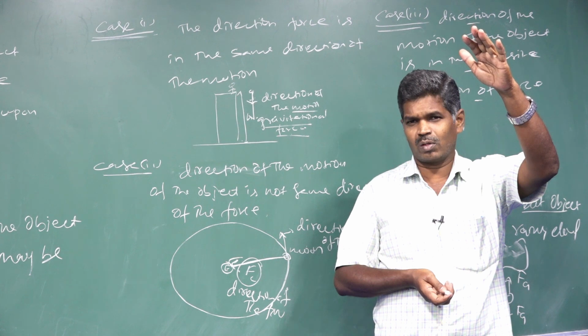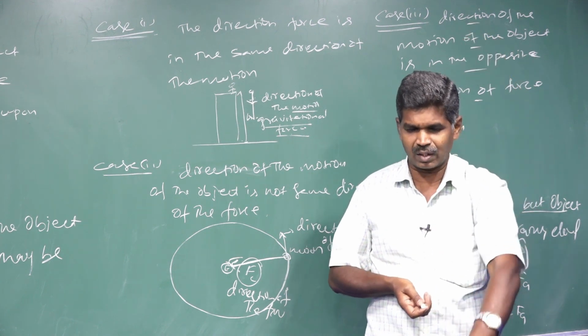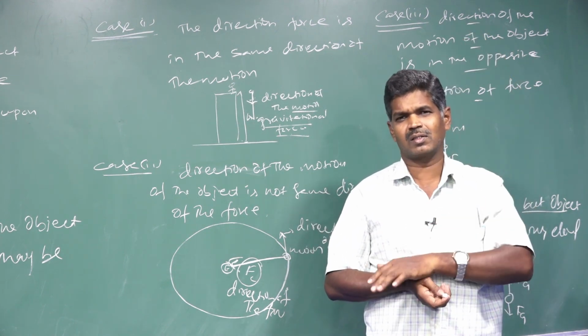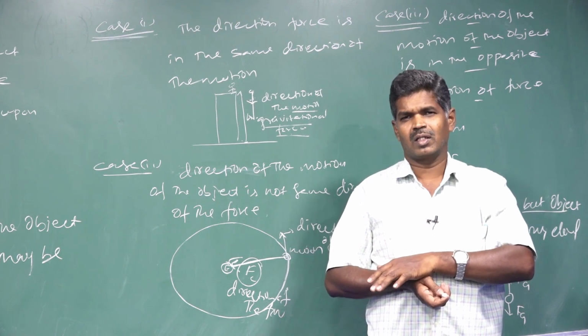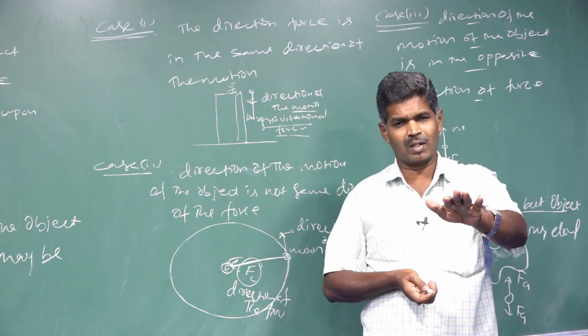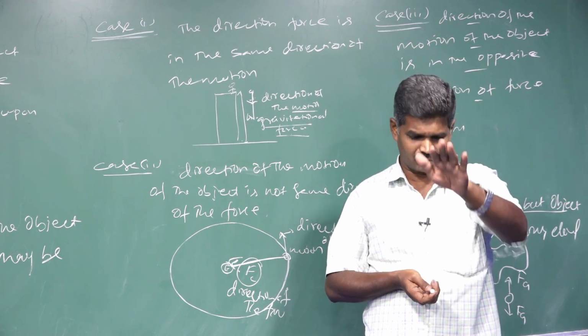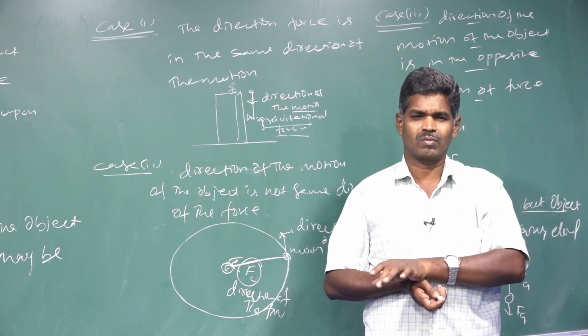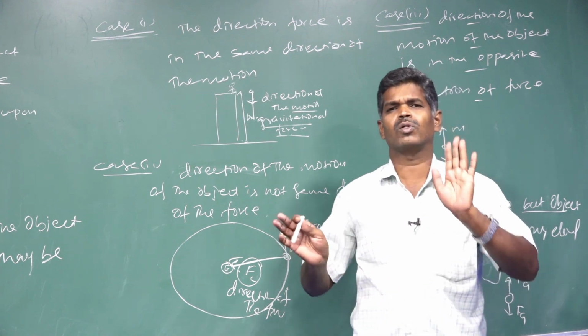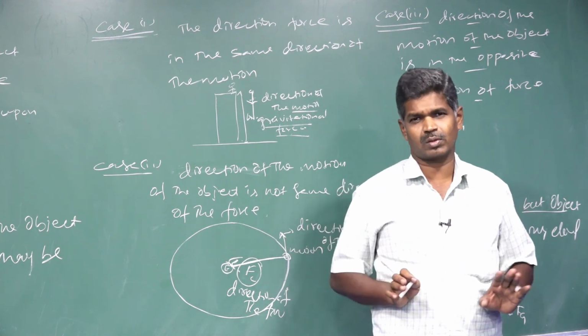After that, the velocity remains constant. Velocity remaining constant means it makes a uniform motion. Whenever we have a net force of 0, it makes a uniform motion, if it is in motion.